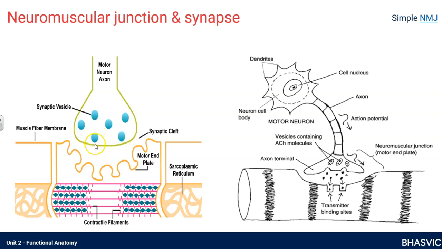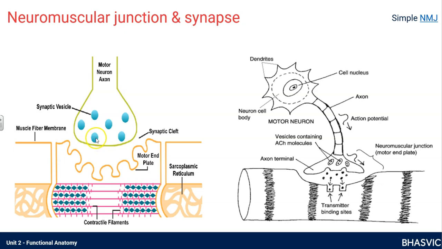When the vesicles arrive at the membrane, as you can see on this right-hand diagram, they open up and they release that ACH. And those molecules of ACH will essentially carry the impulse, carry the action potential, transmit the action potential across the gap, across the synapse, into these receptor sites. They look a bit like teeth, really.